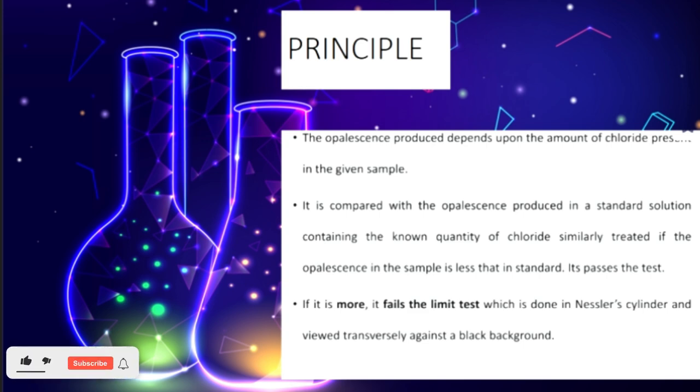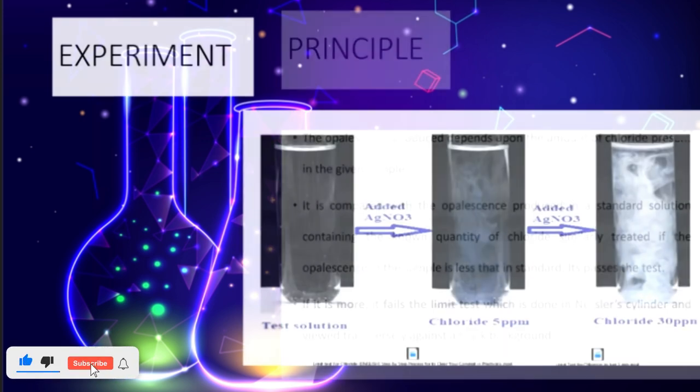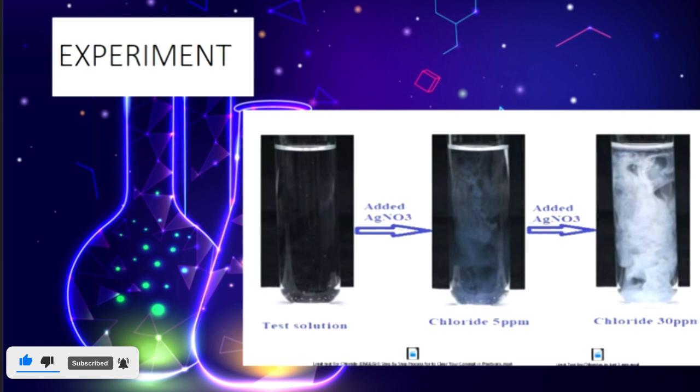Then add 10 ml of nitric acid. Then make up to 50 ml with distilled water and add 1 ml of 0.1 molar silver nitrate solution, stir immediately with a glass rod and allow to stand for 5 minutes. This procedure is done for the test.